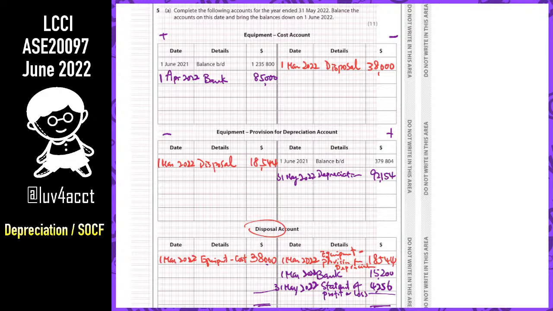We have to balance the account. 1, 2, 3, 5, 8, 0, 0. 1, 2, 8, 2, 8, 0, 0. This is the balance carried down, balance brought down, 1st of June year 2022. 1, 2, 8, 2, 8, 0, 0.